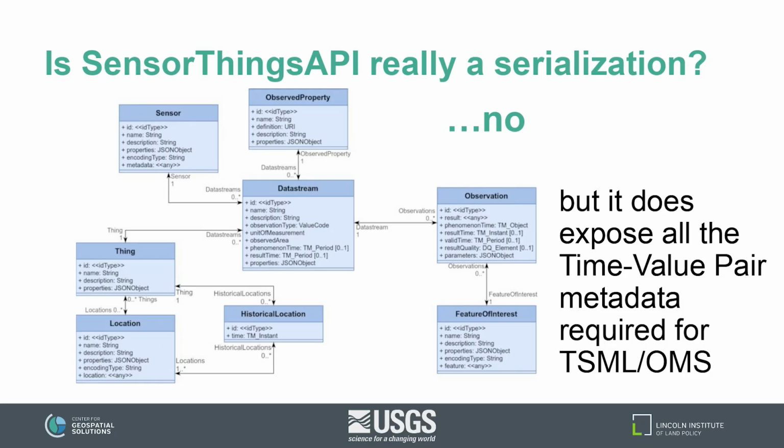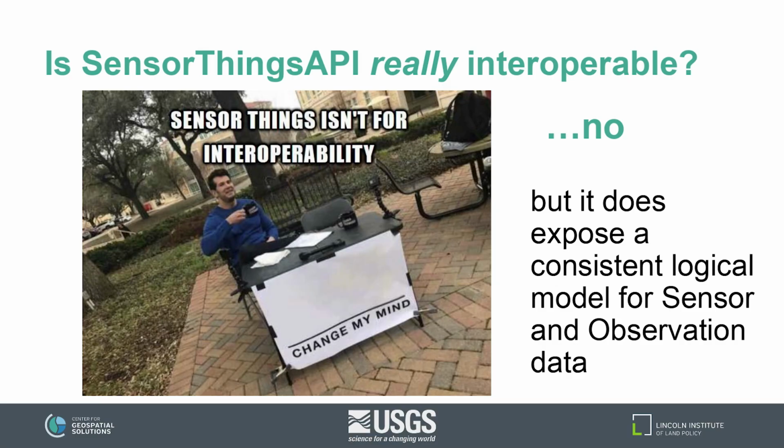I'm going to quickly pull out and acknowledge sensor things API because it's not actually a serialization. It is a logical model to relate different types of information, but it does still contain all of the time value metadata that is required for time series markup language and observations, measurements, and standards.